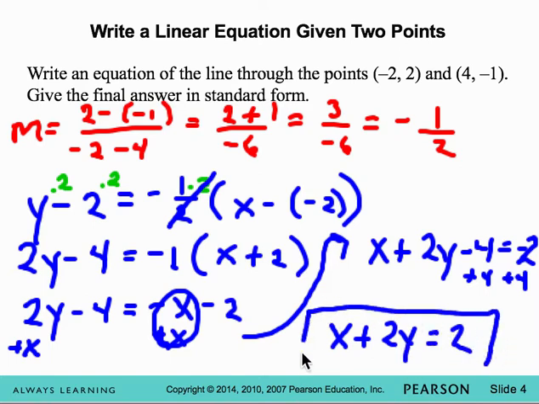And there's the equation in standard form, only because the instructions asked me to do that. I can't have a fraction for any of my numbers, and I can't have a negative out here. If I would have wound up with a negative in front of my x, I'd have had to multiply everything by a negative and change all the signs so that my x coefficient would be positive 1, or positive whatever whole number is there.